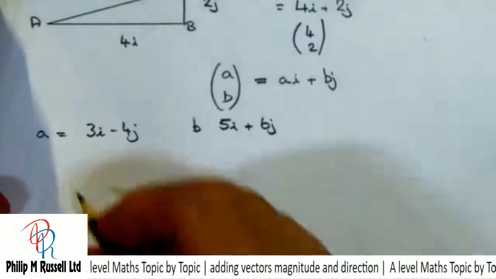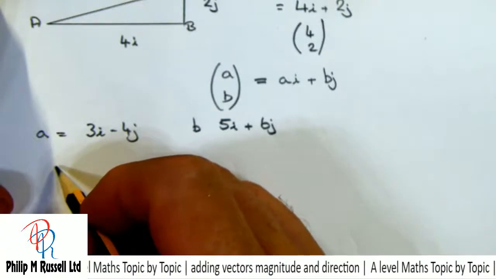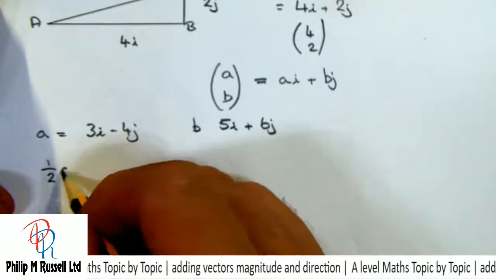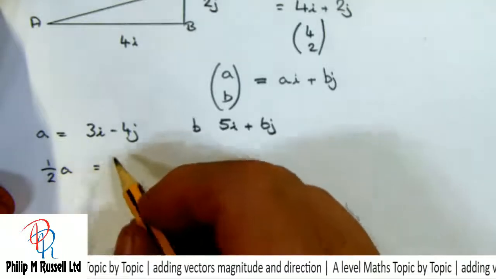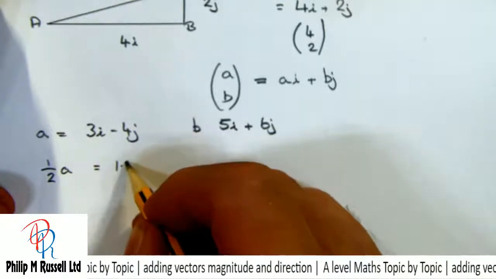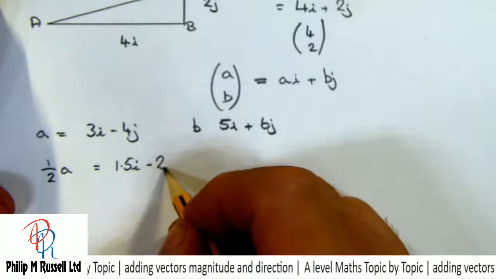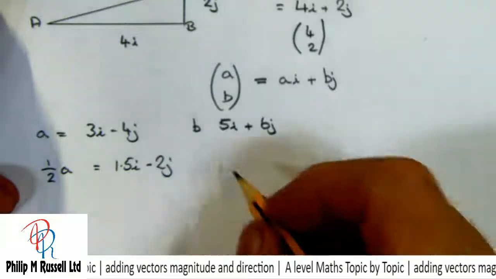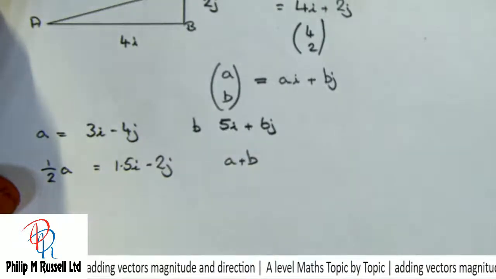And we're asked to find perhaps something really simple, which is, can you find out what half an A is? Yeah, half an A is going to be 1.5i minus 2j. Can we work out what a vector of A plus B is going to be?